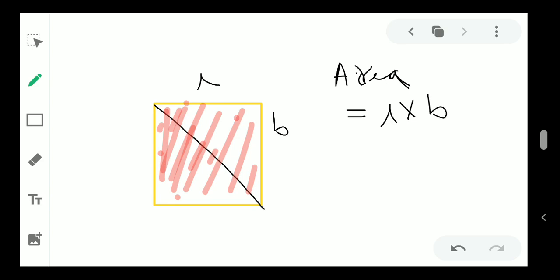That means the whole part, the whole space inside the rectangle.